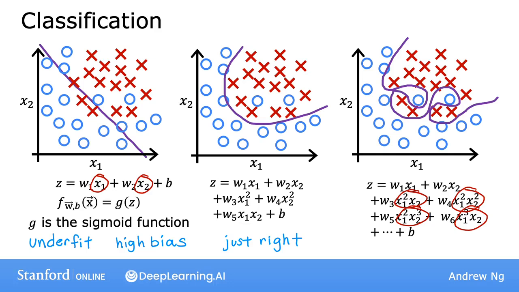If the features are tumor size and age, and you're trying to classify tumors as malignant or benign, then this doesn't really look like a very good model for making predictions. So once again, this is an instance of overfitting and high variance, because this model, despite doing very well in the training set, doesn't look like it will generalize well to new examples.